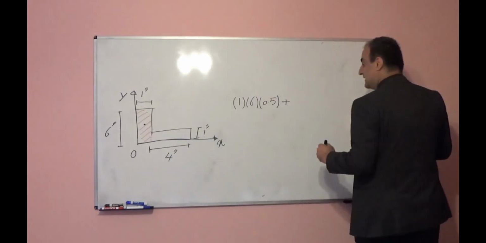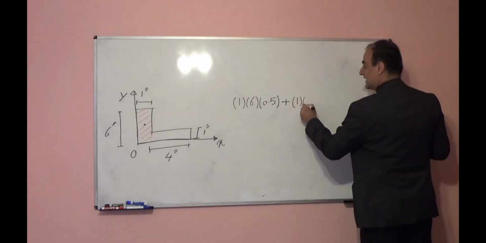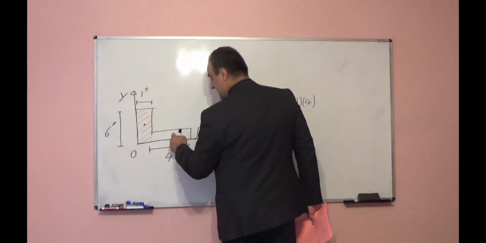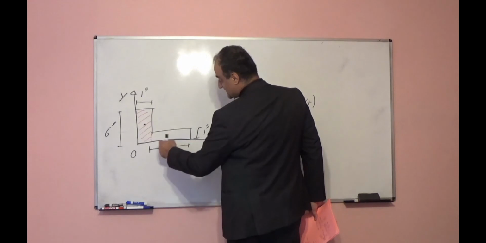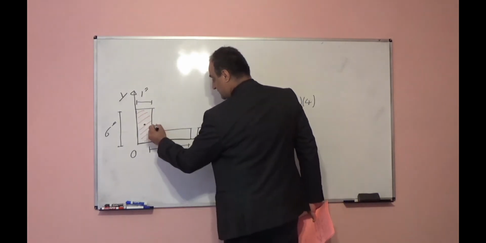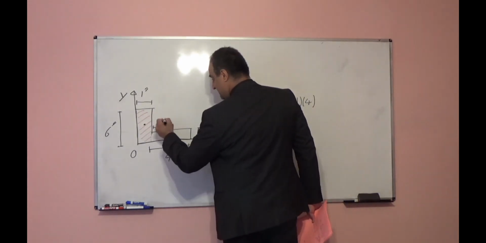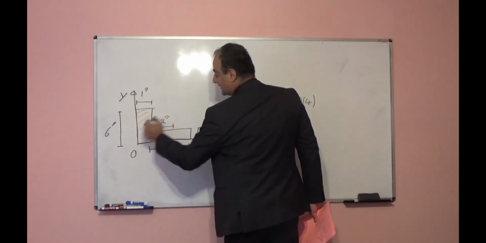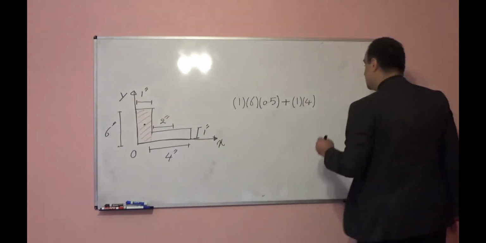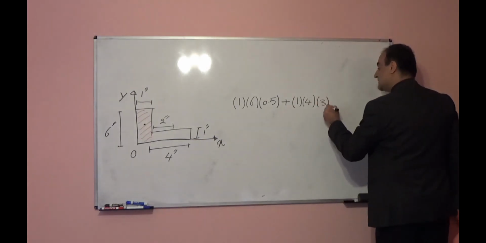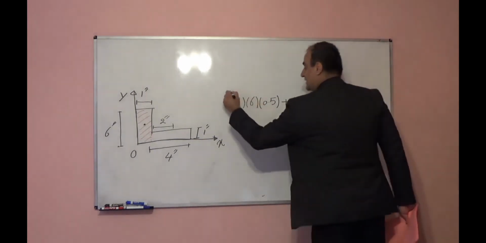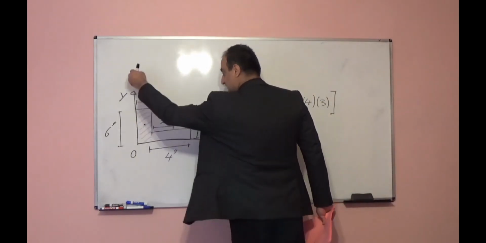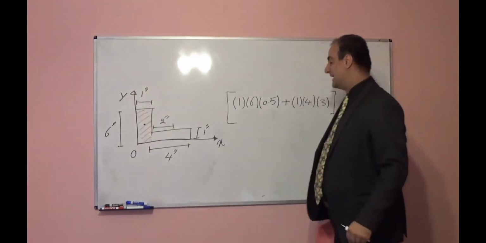For this rectangular, it will be area of that rectangular, 1 times 4, times the distance of centroid of this rectangular up to y. The distance for this rectangular from here it will be 2 inch. Up to y-axis will be 2 plus 1, it will be 3 inch. This will be moment of area for this shape respect to y-axis.